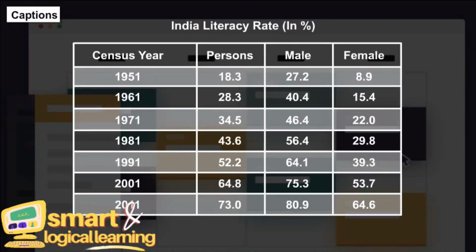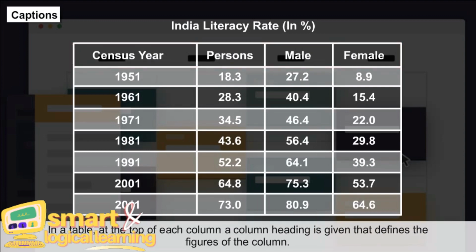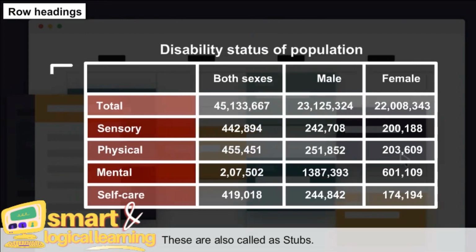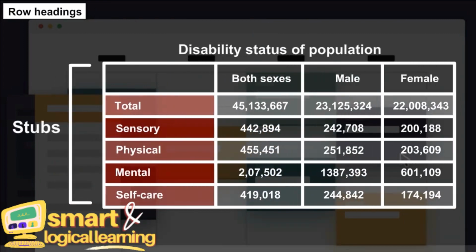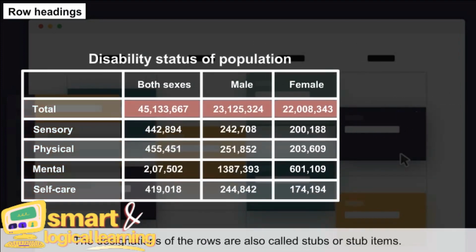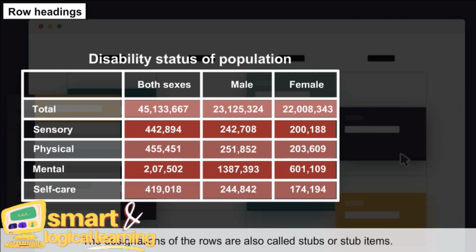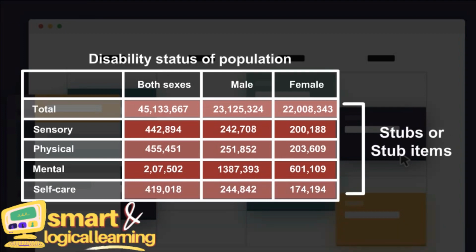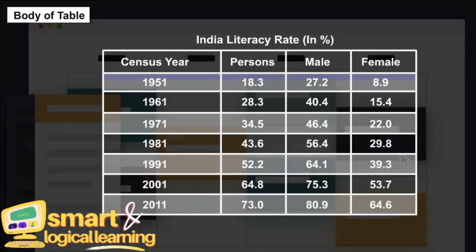Captions. In a table, at the top of each column, a column heading is given that defines the figures of the column. Row headings. These are also called stubs. This is the heading of a row. The designations of the rows are also called stubs or stub items. Body of table.